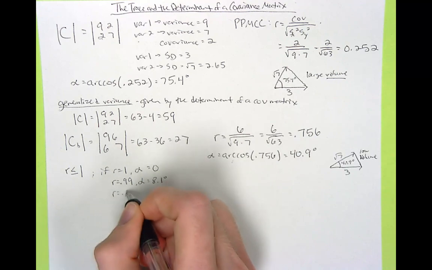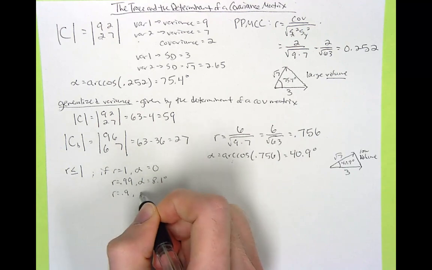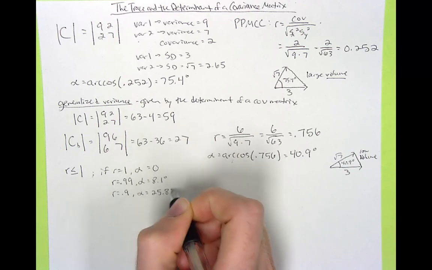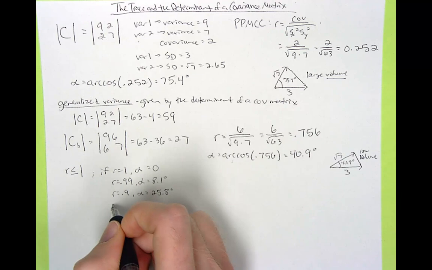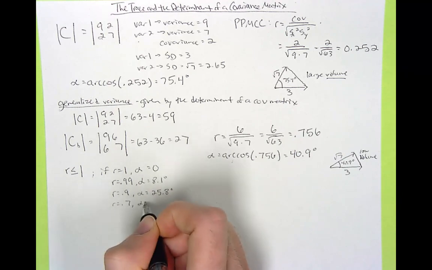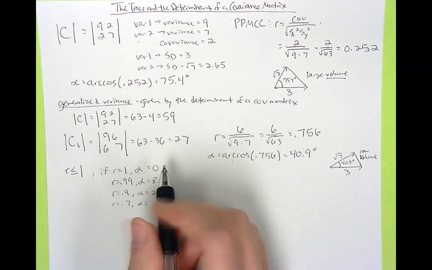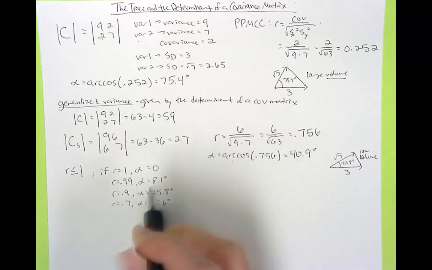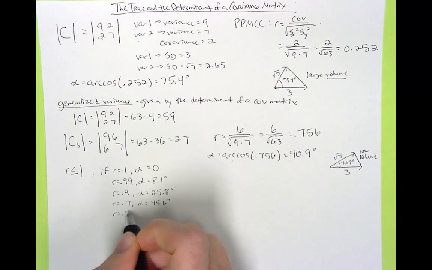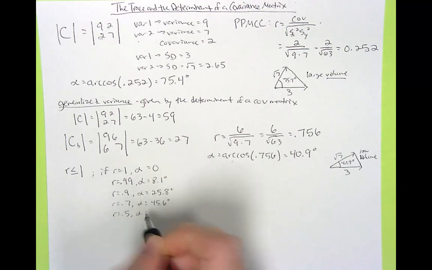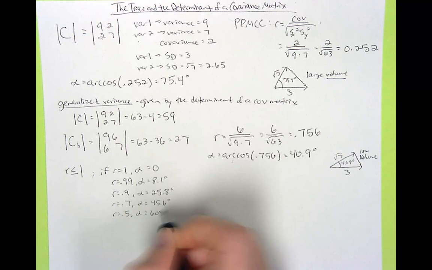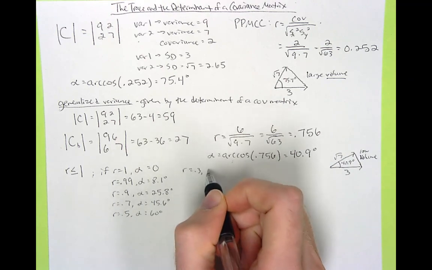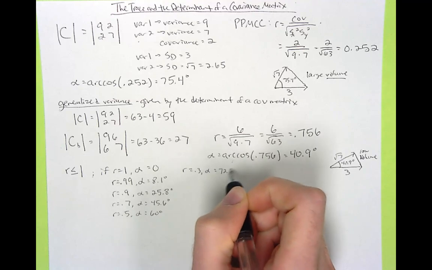If r is 0.9, the angle actually jumps to 25.8. At 0.7, the angle is 45.6, so it's getting larger. At 0.5, the angle is 60 degrees. Let's say if r is equal to 0.3, the angle is 72.5 degrees.